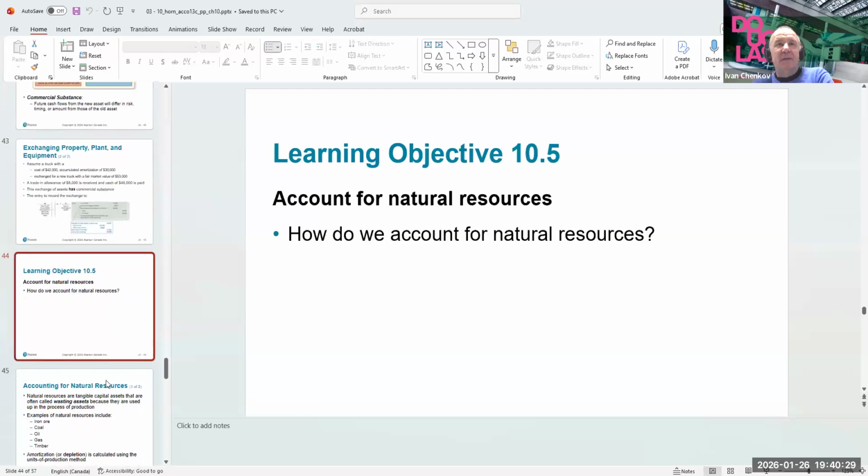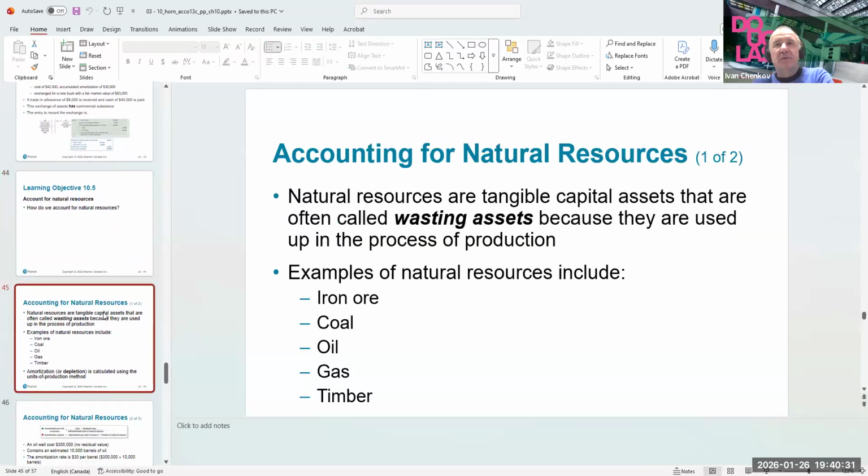Let's see the last one, the natural resources. Natural resources are tangible assets, but they're also called wasting assets. Why? Because once we use it, it's gone. That includes iron ore, coal, oil, gas, lumber.